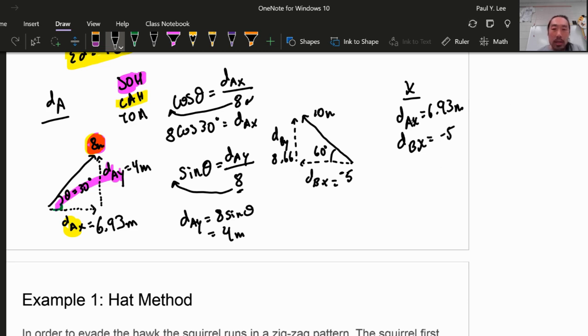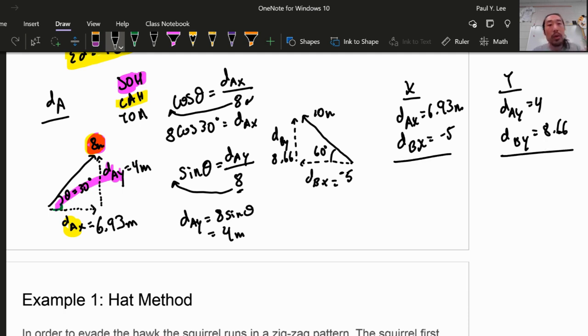Okay. So my x components, we have 6.93 and we have -5. And my y components, let me label it correctly. So dAy is 4 and dBy we have 8.66. Okay, so if you remember the rules, after you break up the components, what you have to do now is add up the components.